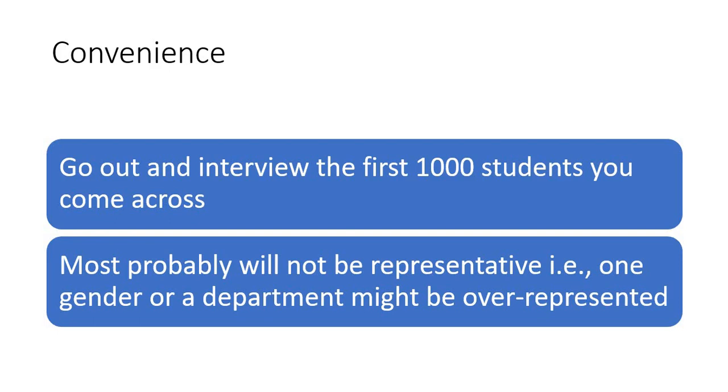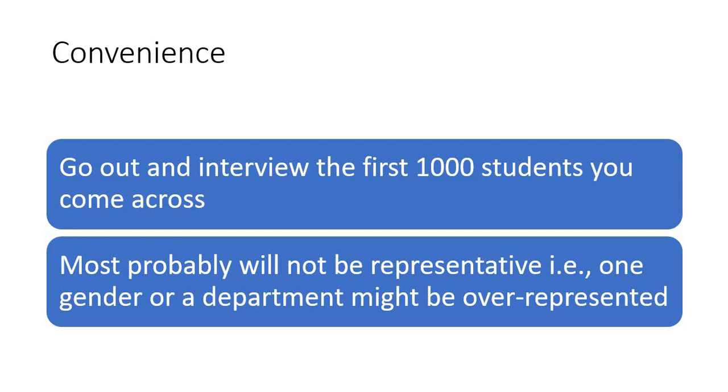This is the easiest way, but it is highly problematic because it will probably result in a sample that is not representative. That is, it might have some gender or departments under or overrepresented in our sample.